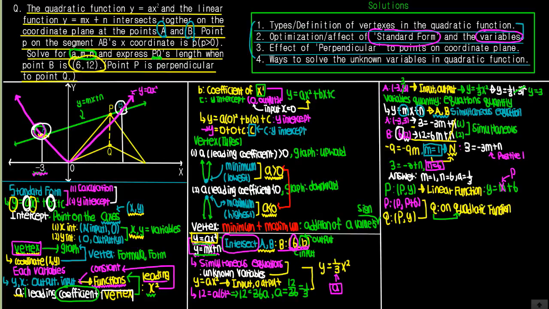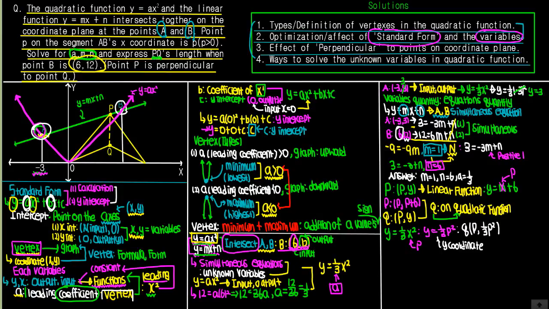And our quadratic function is y is equal to 1 over 3x squared. And then if we input our p value, instead of x we are inputting p. We're going to get y is equal to 1 over 3 p squared. So this will be the y coordinate of our point Q. So our point Q will be p, comma, 1 over 3 p squared.